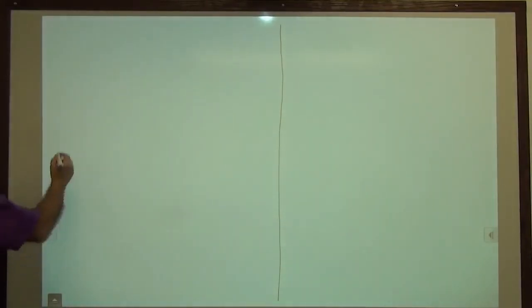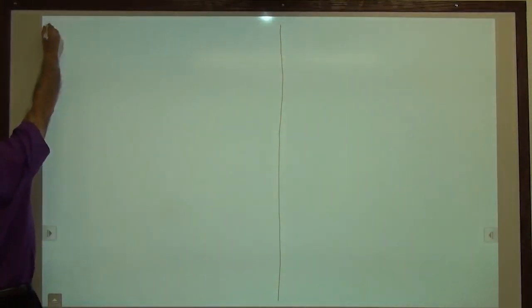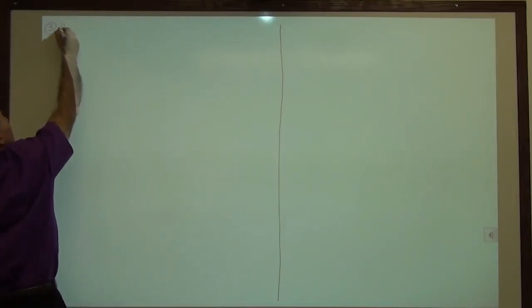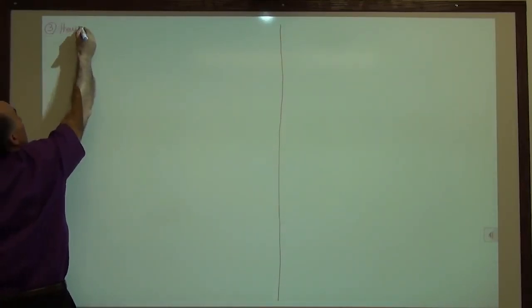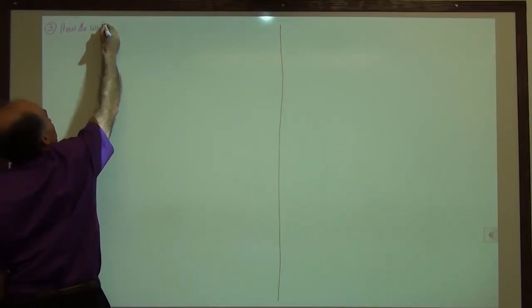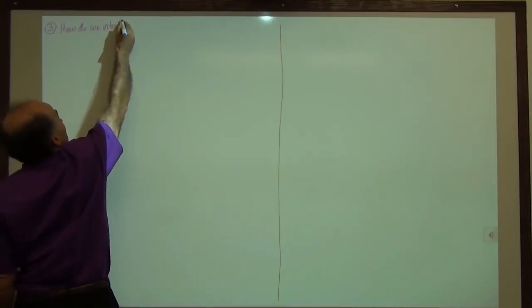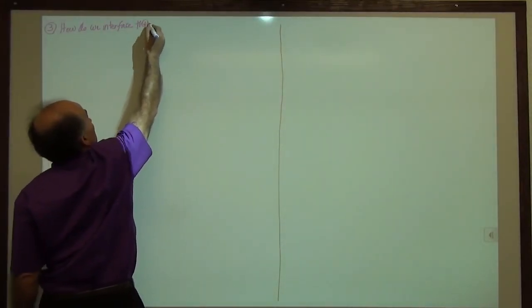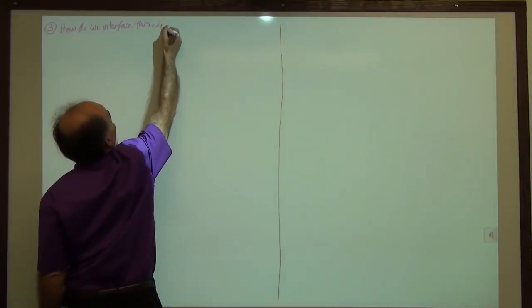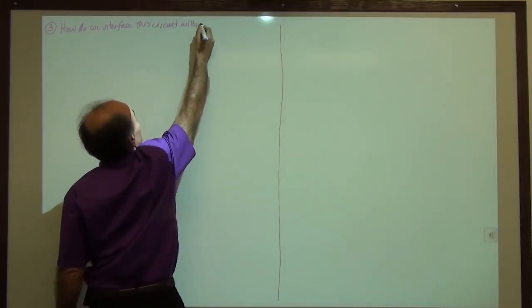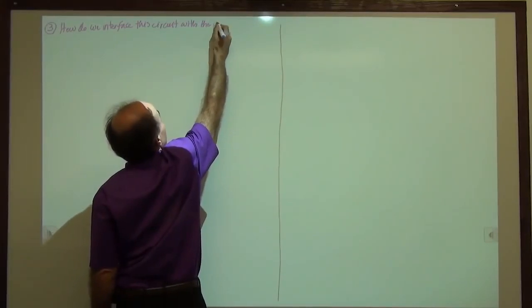Okay, the third question is the following. How do we interface this circuit with the preceding stage?